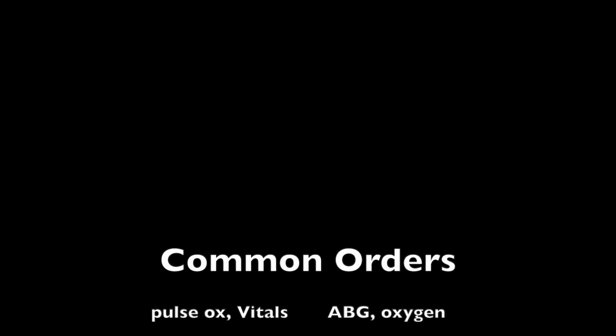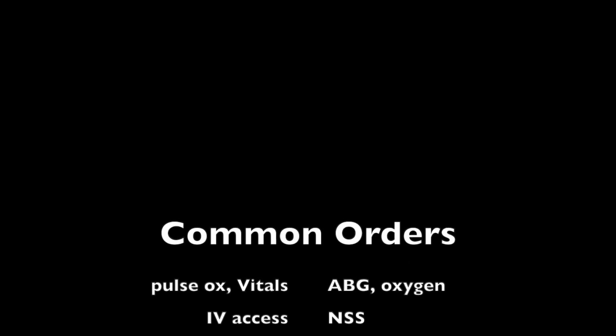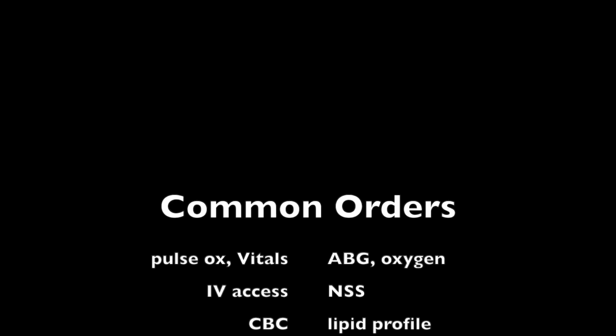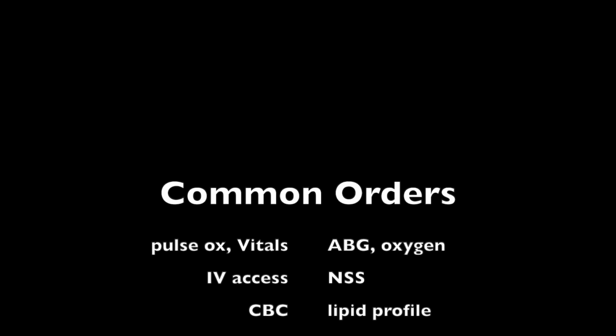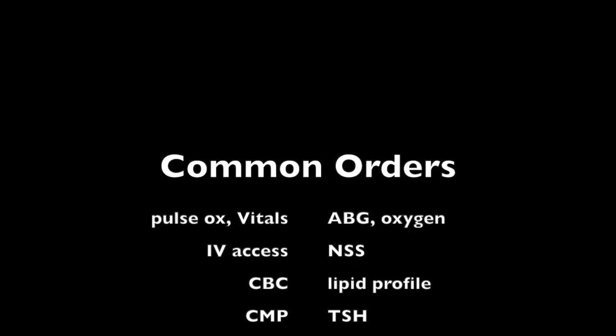Now, here is a list of some common orders that I could think of. It applies to most patients, but of course you could give or take a few depending on the specific case. So you can first order pulse ox, the vital signs, blood gases, oxygen, IV access. NSS stands for normal saline, and you can actually type the abbreviated form on the order screen and it'll be just fine.